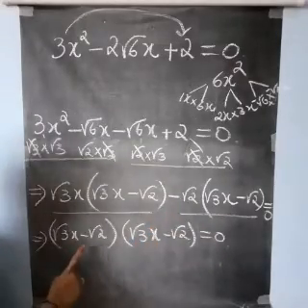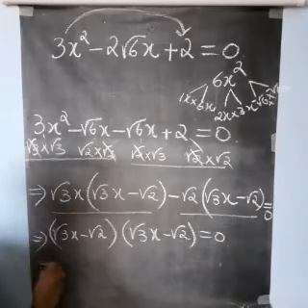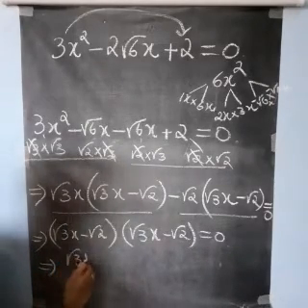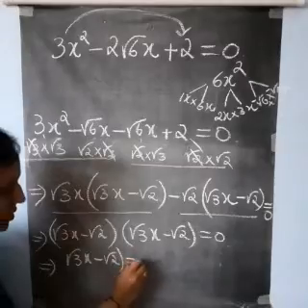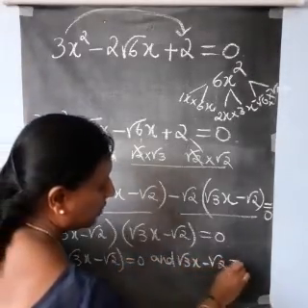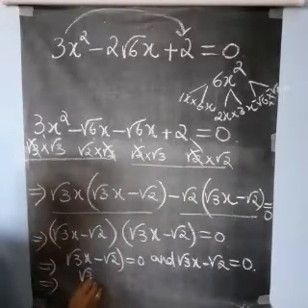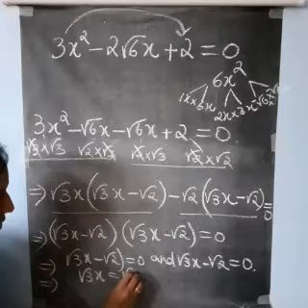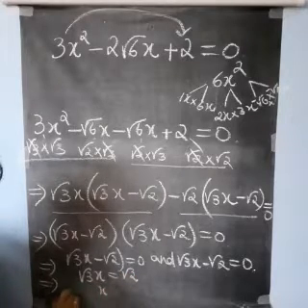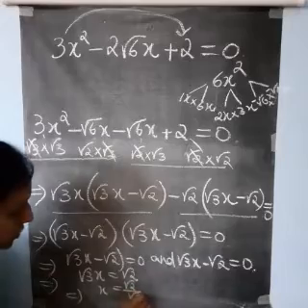Now what does this imply? This term is equal to 0 and this term equal to 0. So what will that be? Root 3x minus root 2 equal to 0 and root 3x minus root 2 equal to 0. Now when I transpose, what will I get? Root 3x is equal to root 2. That implies x is equal to root 2 by root 3.